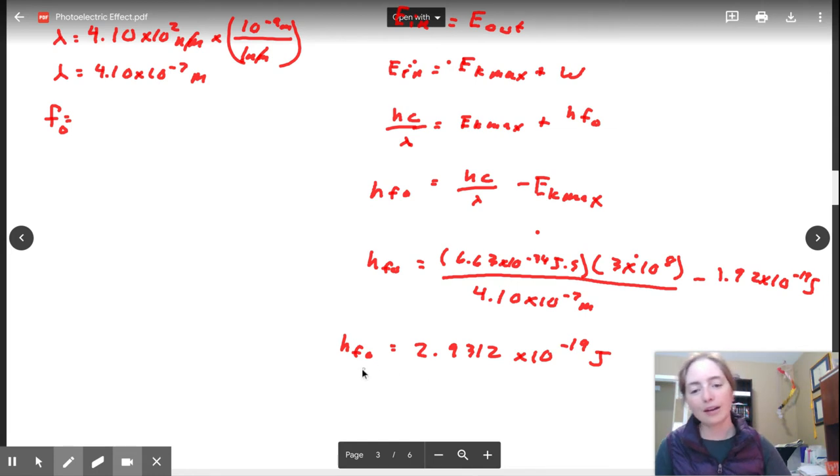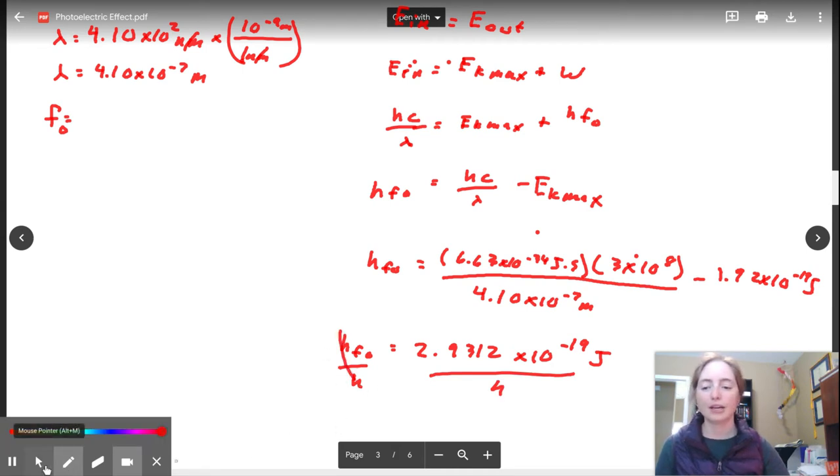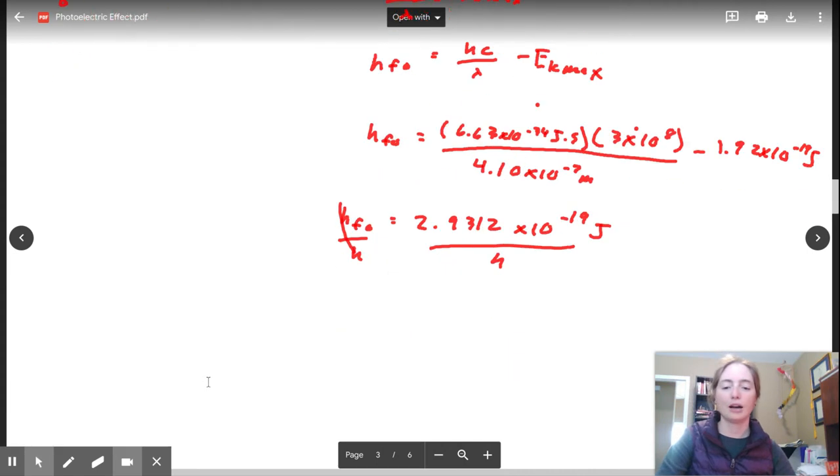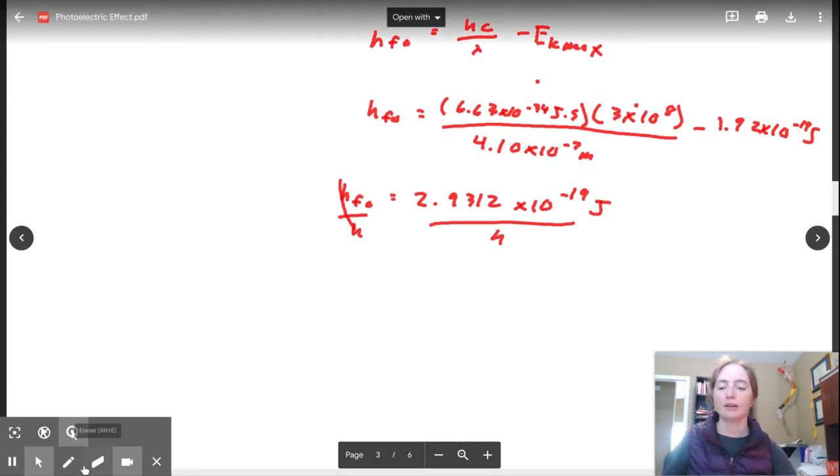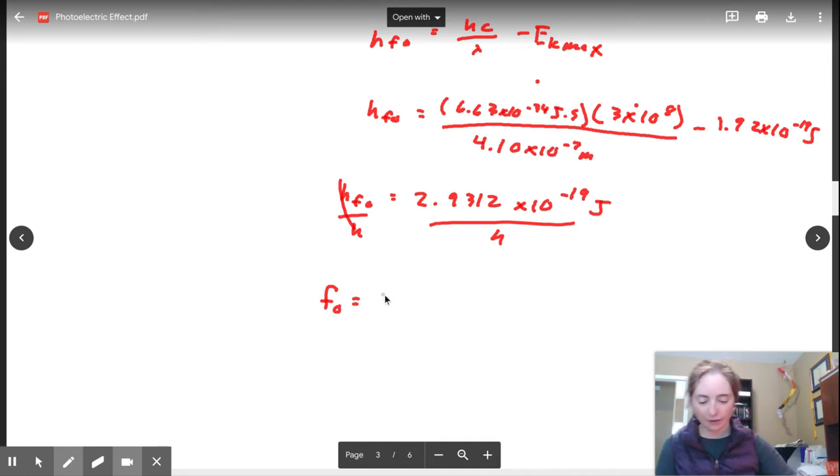So now that we have our HF0, I'm going to divide both sides by H, and that is going to give me my value for that lovely threshold frequency.